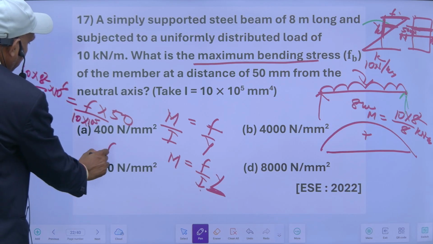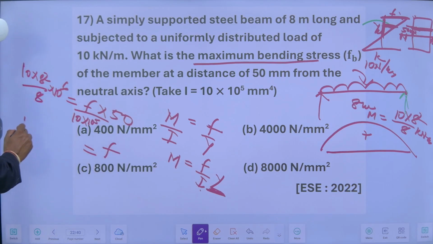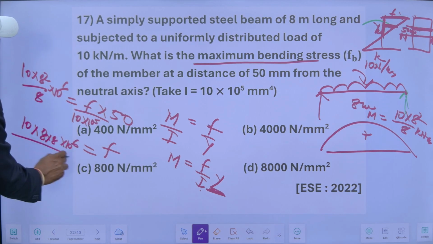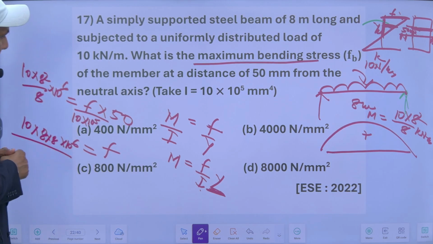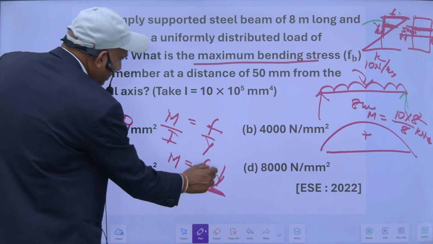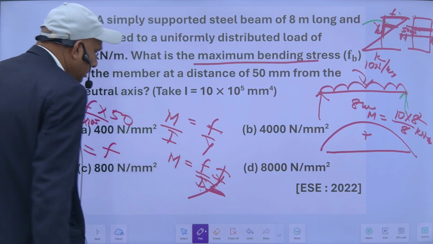f will be 10 into 8 into 8 into 10 raised to the power 6. This is M. Oh, I think it's wrong. f is M into y upon I, so f upon y into y.